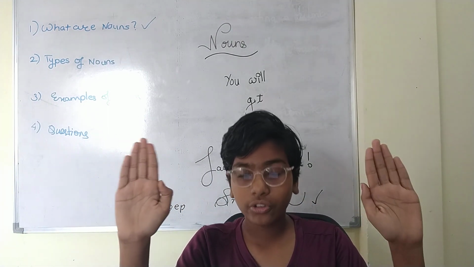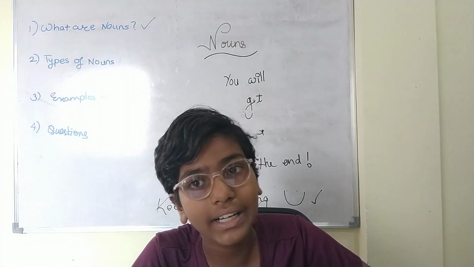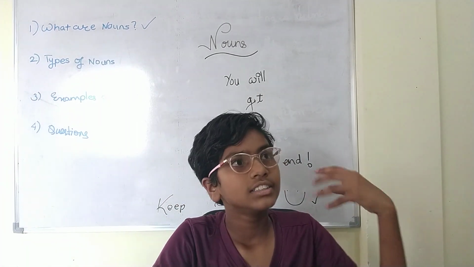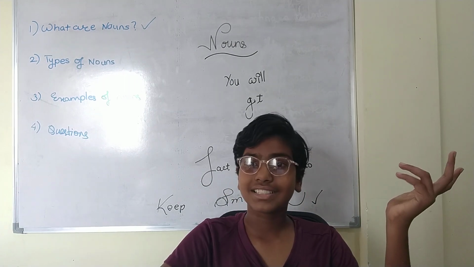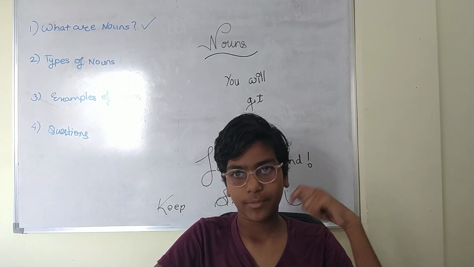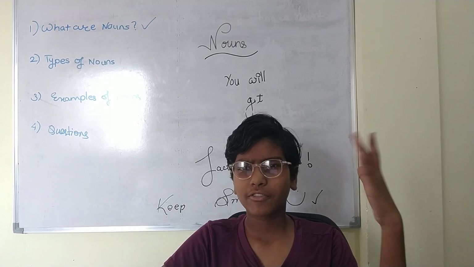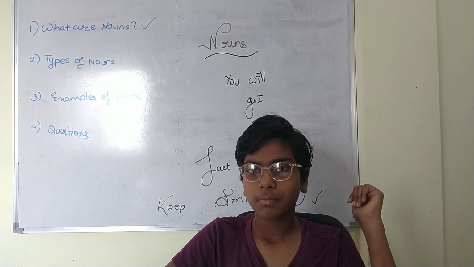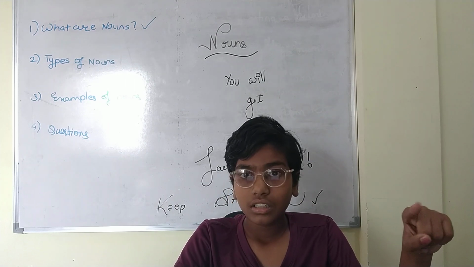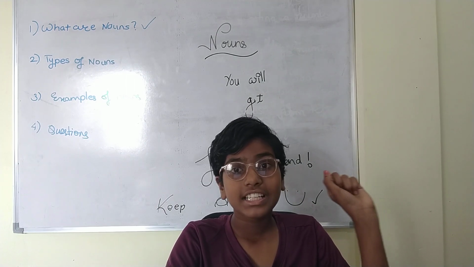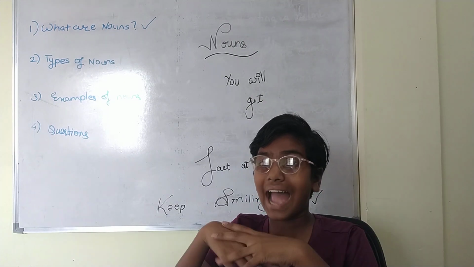So we do not know, but we know something, like suppose the girl's leg slipped and she fell. If she were my friend, whom I don't know, I said girl, right? So at that time it is a common noun, because I don't know which girl.